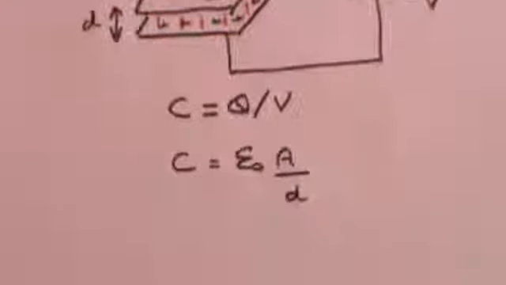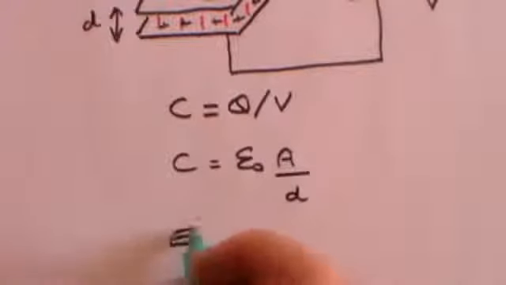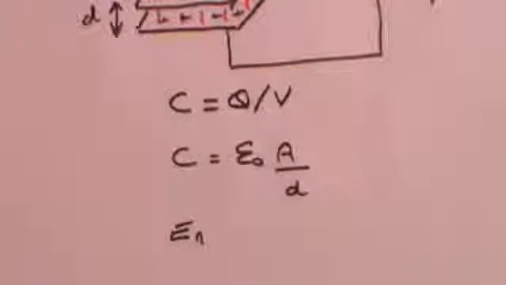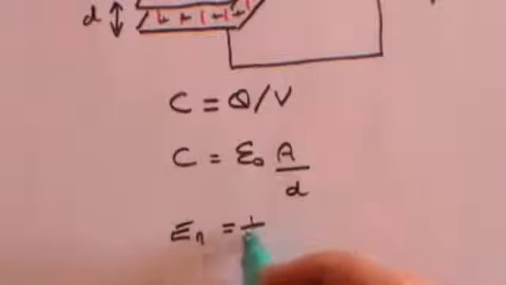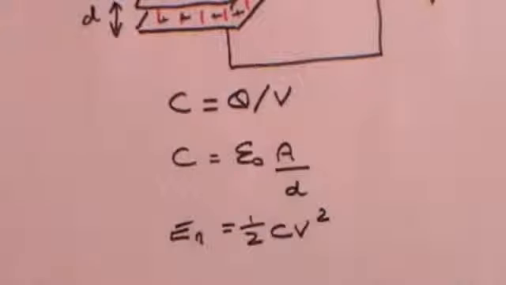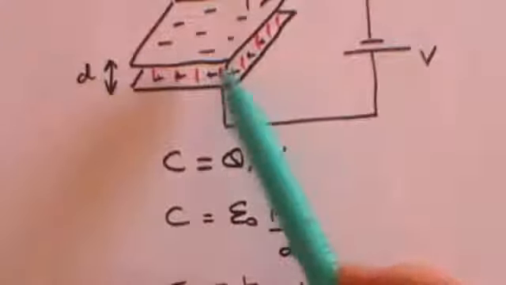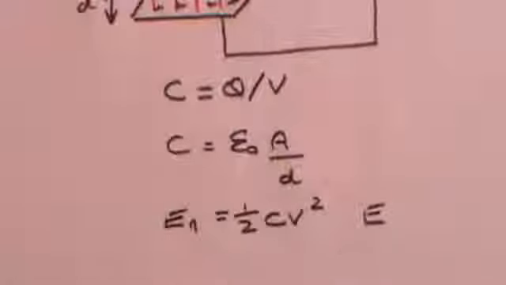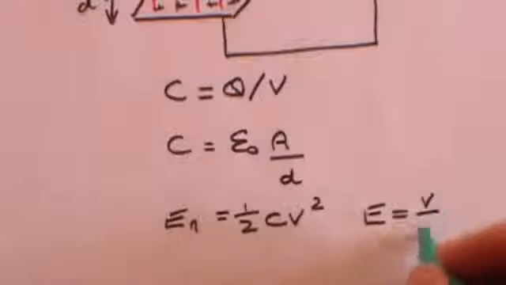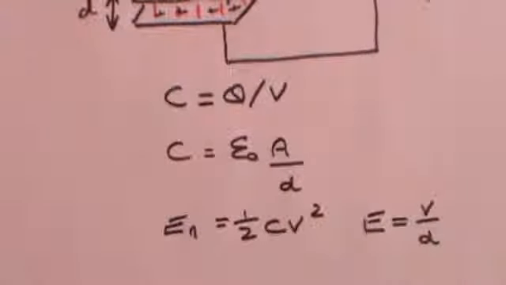We also learned that the energy stored in the capacitor, stored in the electric field, is 1/2 CV squared. And the electric field between the two plates is equal to the voltage divided by the distance. It is measured in volts per metre.